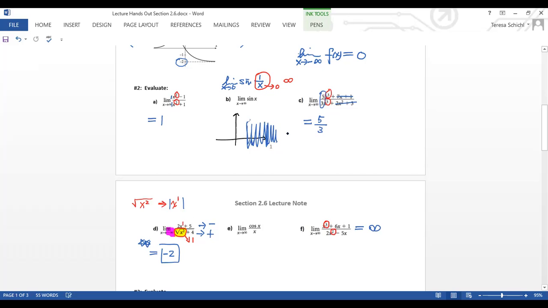I don't know which value it's going to, because at infinity, sine can jump around between 1 and negative 1, right? So what is the limit here? This limit does not exist, okay? All right, so now, in here, I know this is between 1 and negative 1, right?